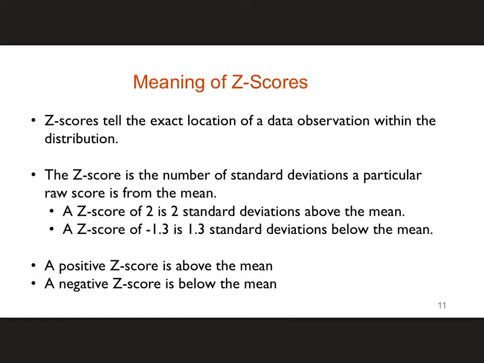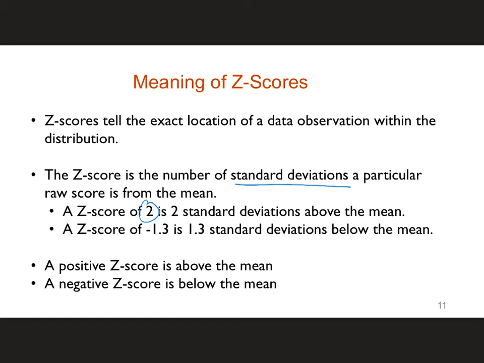Okay, before we calculate the z-score values, let's look at what the z-score means. The z-score helps to measure the number of standard deviations a particular value is from the mean. So an example is, if I have a z-score value of 2, it means I am 2 standard deviations above the mean.